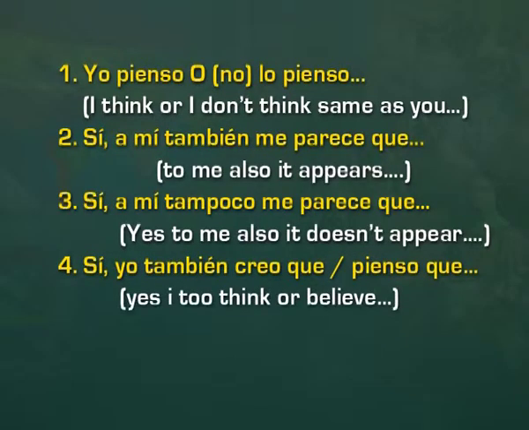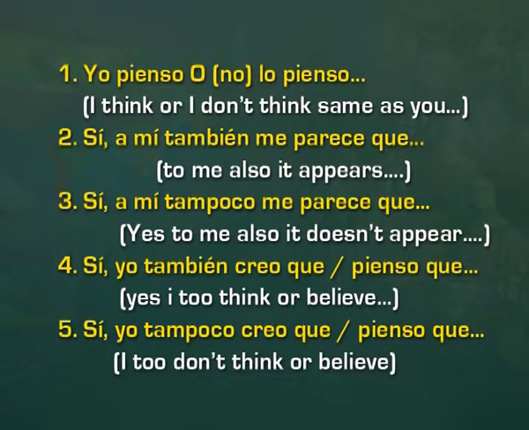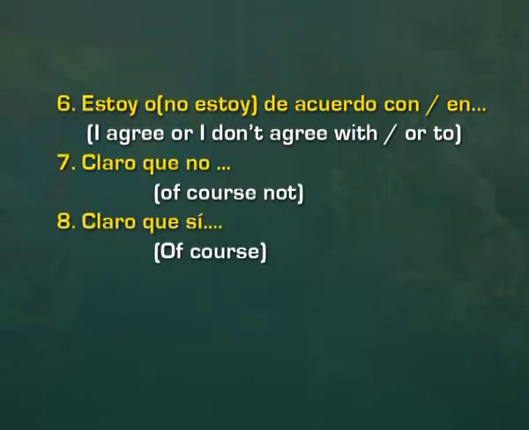Or you say, sí, yo también creo. O yo tampoco creo. I don't think so either. O estoy o no estoy de acuerdo. I am in agreement or I am not in agreement. Claro que sí or claro que no, of course yes or of course not.